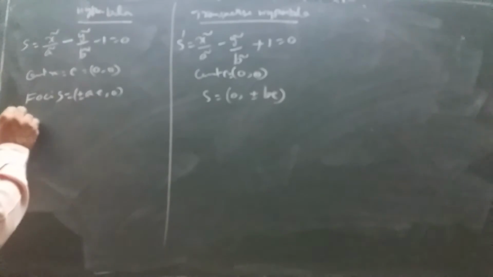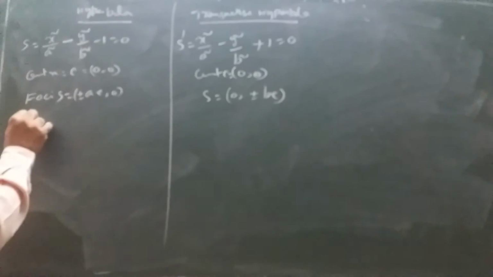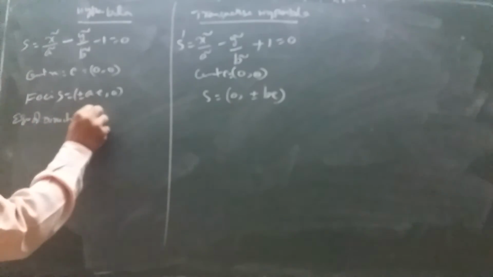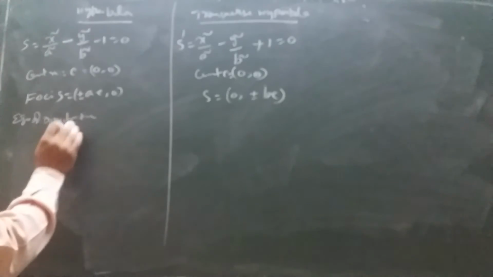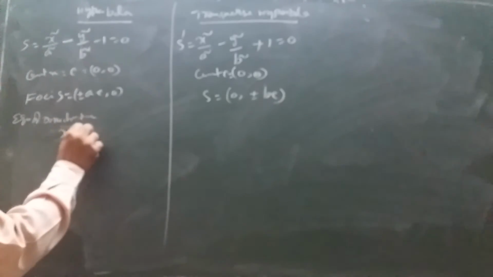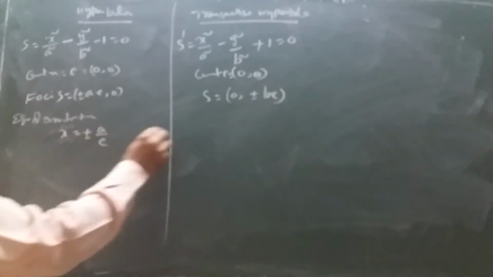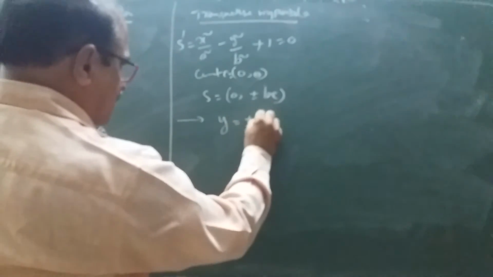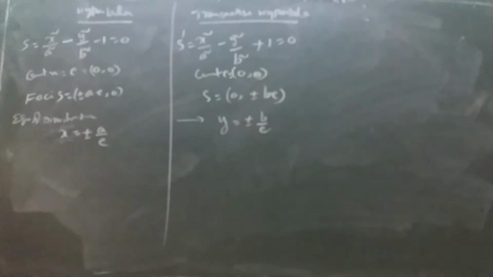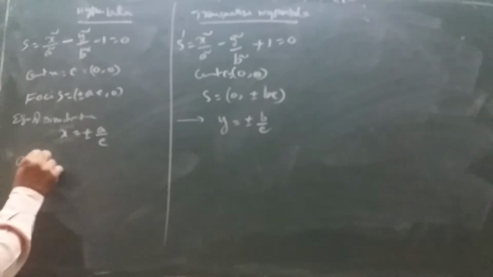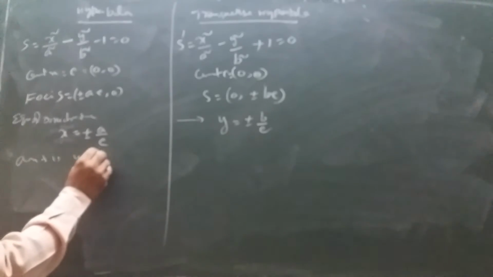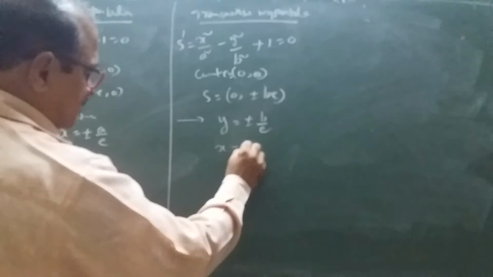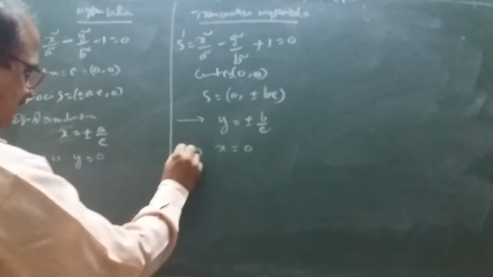That means the equation of the directrix may be x is equal to plus or minus a by e. Here the equation of the directrix may be y is equal to plus or minus b by e. The axis is y is equal to 0, that means the x axis. Here x is equal to 0, that means the y axis.